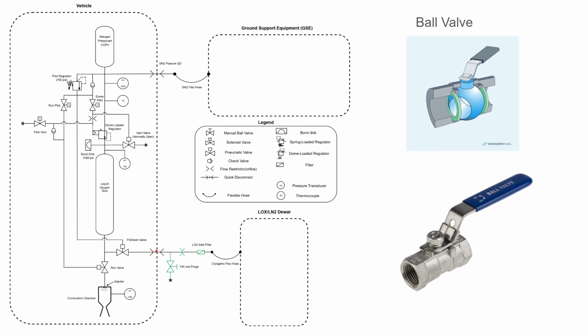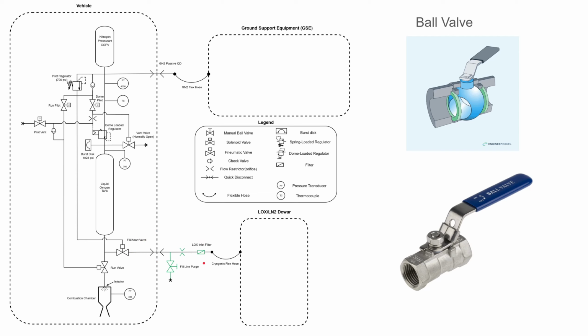But before we disconnect it, there's still liquid oxygen in the line, in the hose that connects the tank and the rocket. So we would open this ball valve while pointed in a safe direction, and then the liquid oxygen will flow out of the ball valve and into the air, and then we can safely disconnect it from the tank once it's empty.